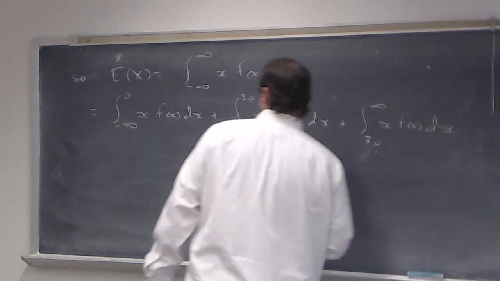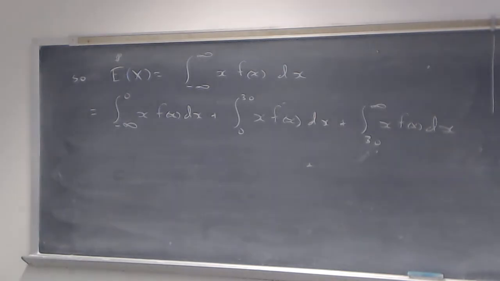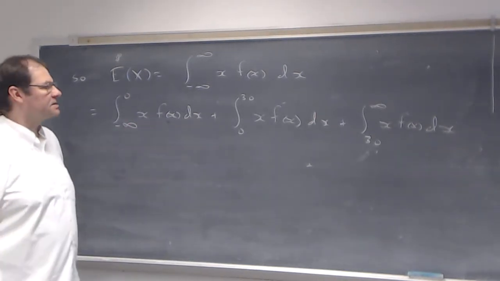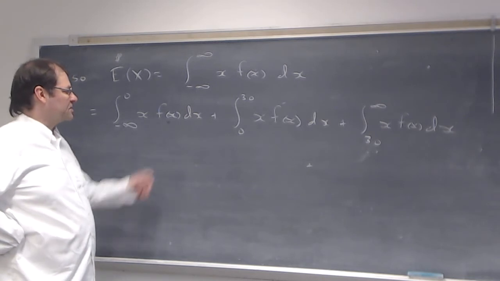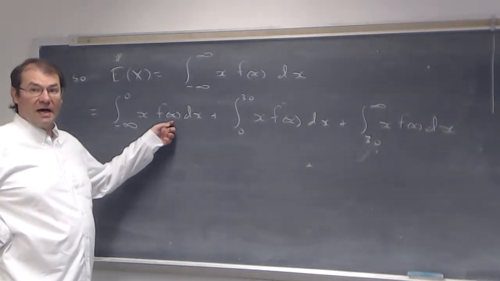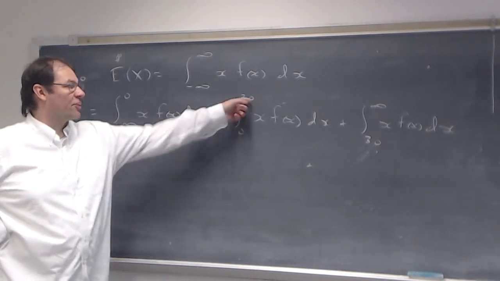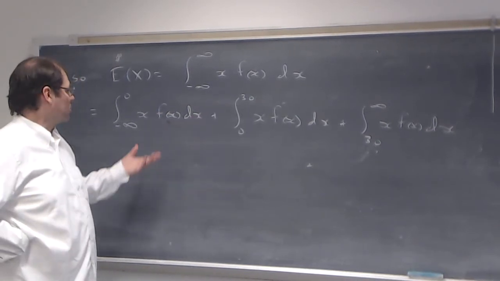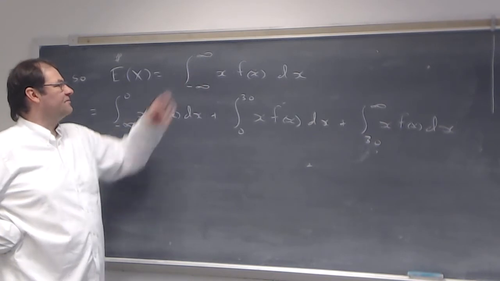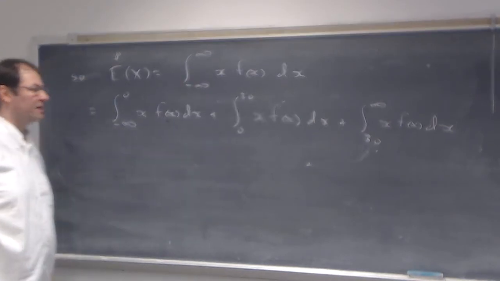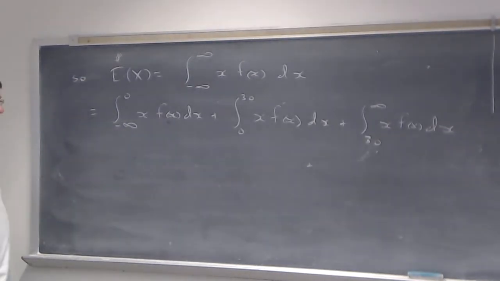And I won't break things down this way very often, but the reason I'm breaking them down is recalling what f of x was, the probability density function. Remember, it was defined to be 0 a lot of the time, and the only time when it wasn't 0 is when x was between 0 and 30. And so I broke this integral from minus infinity to infinity into these three different intervals, because I can.